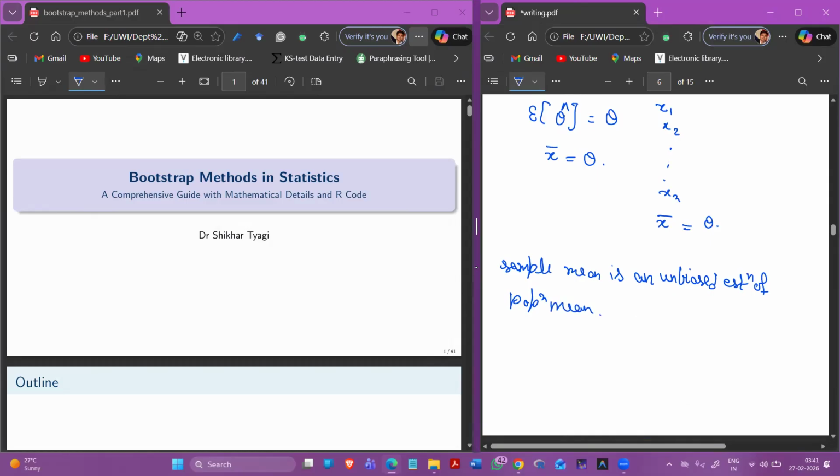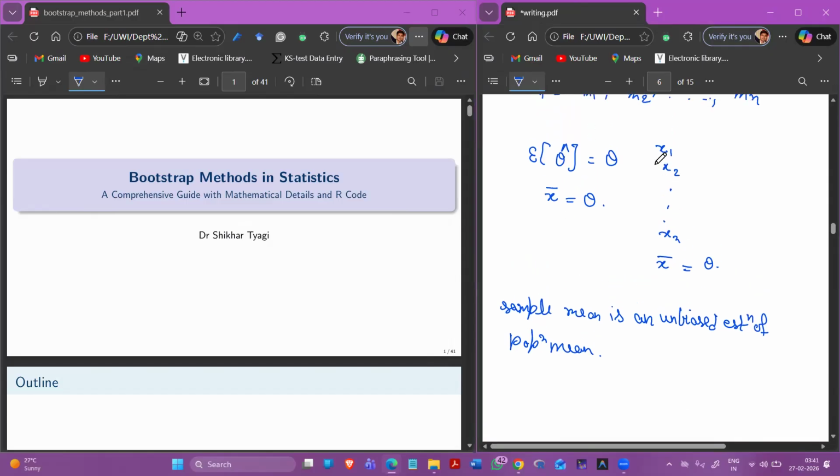Did you study this theorem? What is the meaning of this? I take the sample x1, x2, xn, and I take the mean of that sample, and that will be equal to the population parameter. Suppose my population mean is theta, so x bar is equal to theta. Is it the correct interpretation of this theorem?